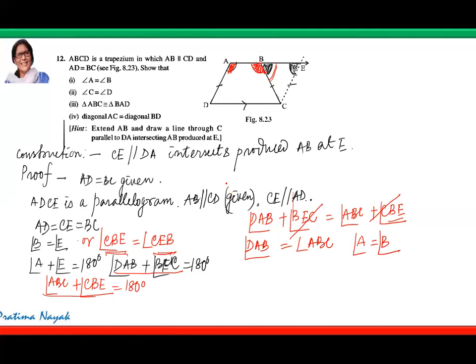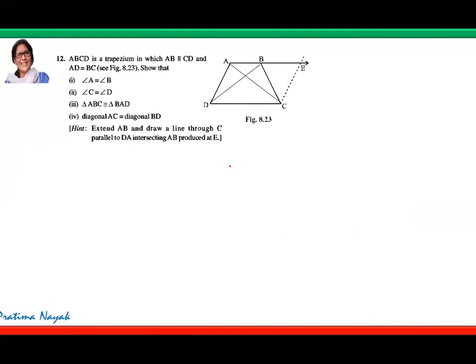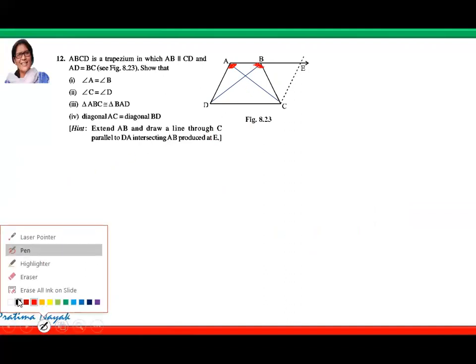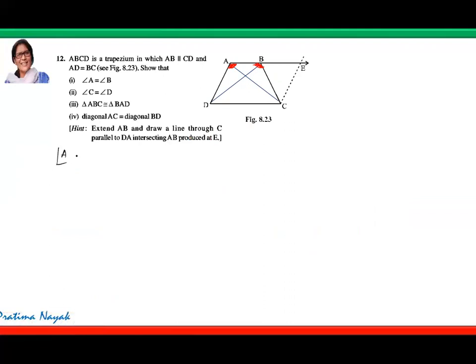Now I have to prove angle C is equal to angle D. How to prove it? I've already proved angle A is equal to angle B. Now since AB is parallel to CD, angle A plus angle D is equal to 180 degrees. What is the logic? Co-interior.